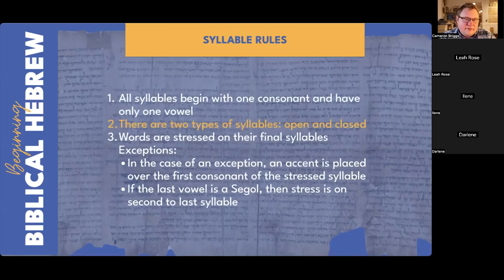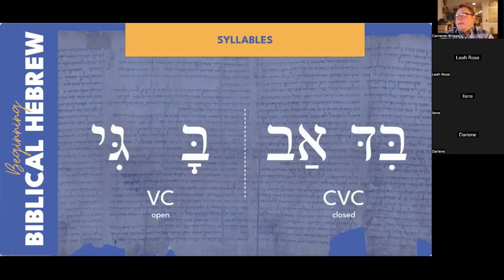So we've got 2 different classifications or types of syllables, an open syllable and a closed syllable. And this is going to be really key when we get to our vowels. So on the left, we have the examples of an open syllable. So it starts with a consonant and ends with a vowel.